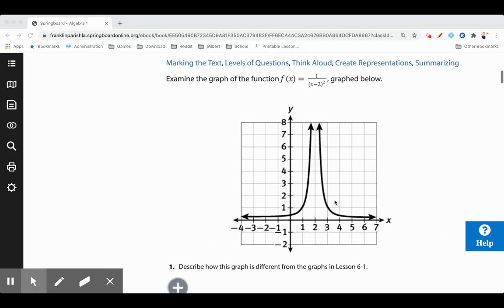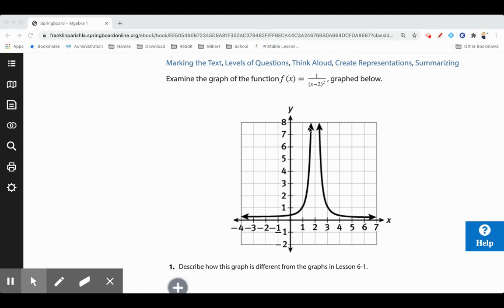So let's look at this graph of the function f of x equals 1 over (x minus 2) squared, where the whole thing is squared, x minus 2. And then it's graphed below for us. But what do we notice, first of all, about how this is different from the graphs that we've been looking at? Well, right here we can see arrows that indicate that these graphs keep going in these directions.